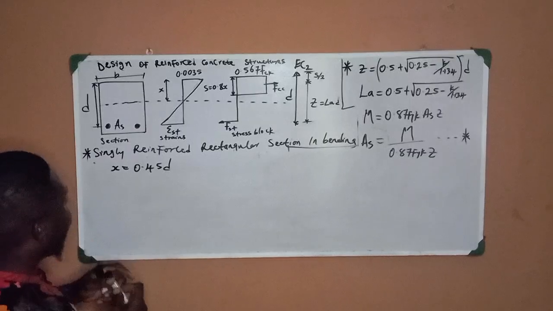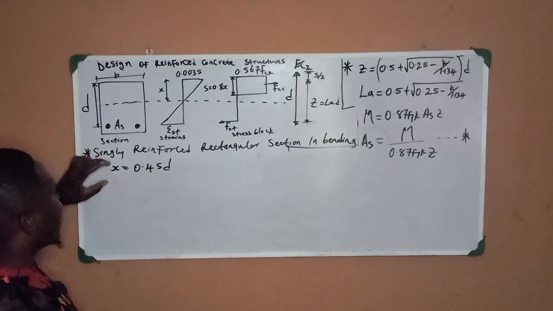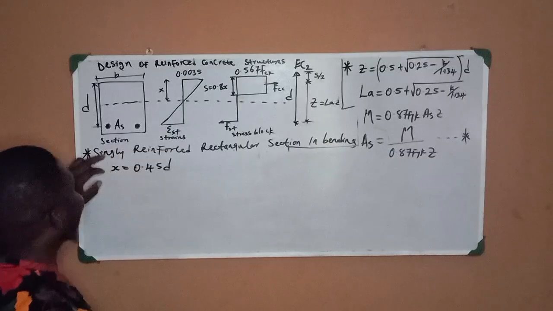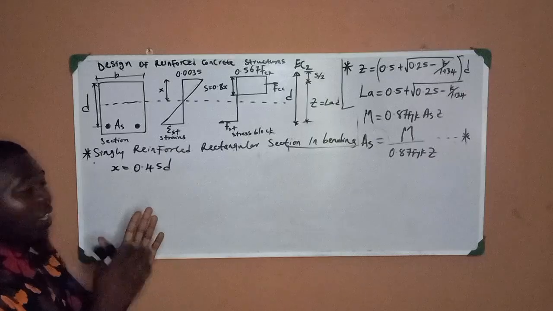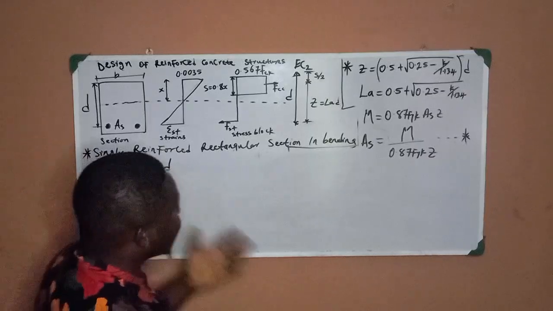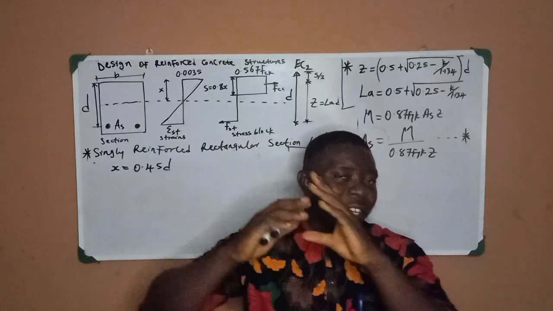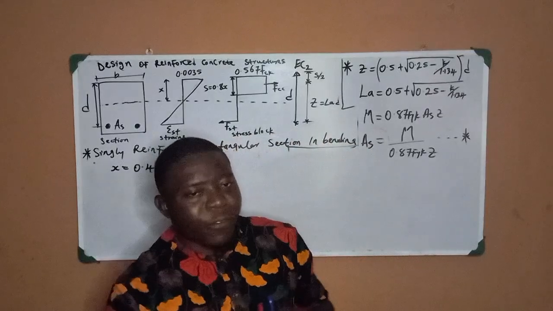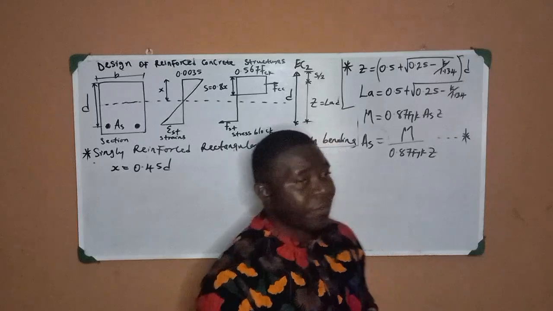That's the maximum depth of the neutral axis it can go for a singly reinforced section. So it must be limited. Anything above this means you're now going for a doubly reinforced section. That is a situation whereby you reinforce at the compression and equally reinforce at the tension. That's the next one we're still going to derive.